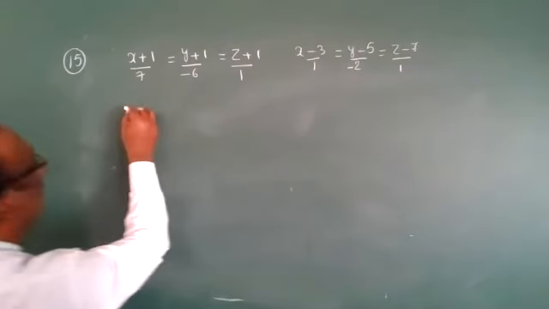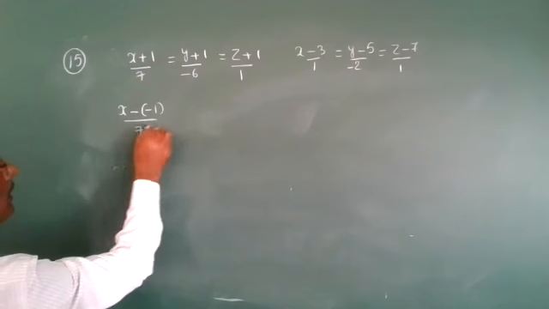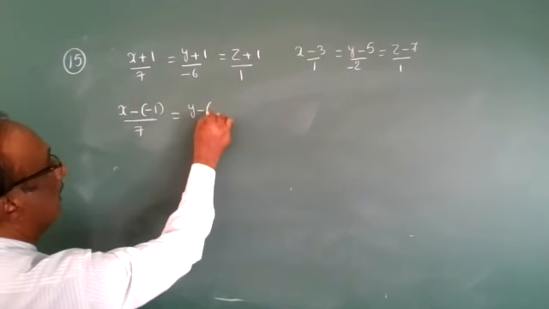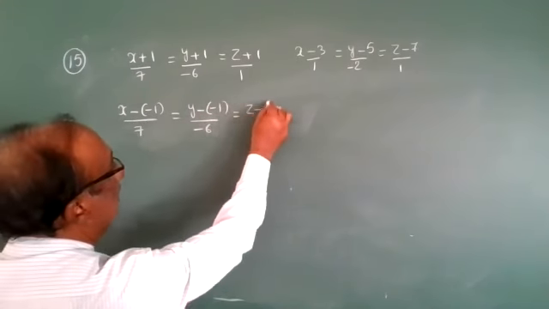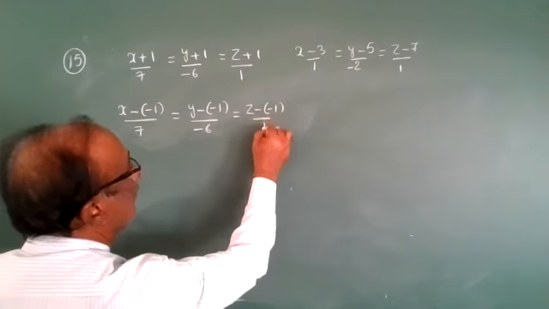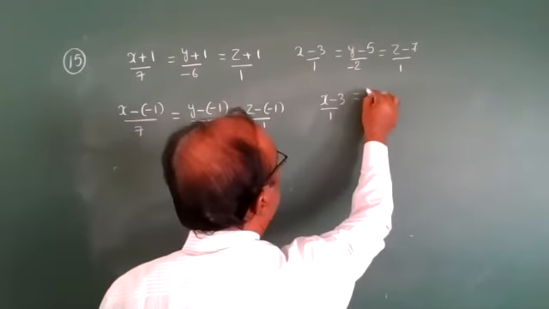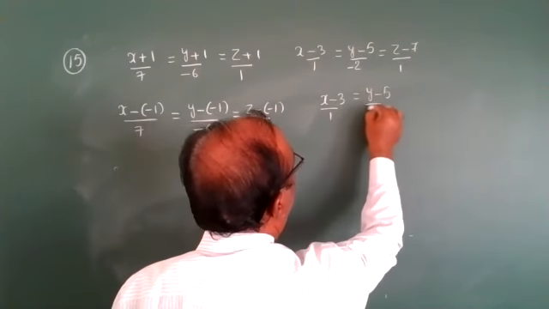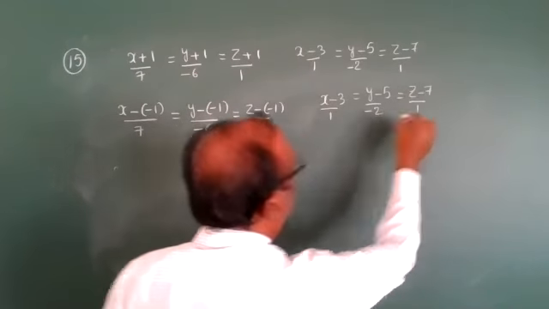First write down the correct form: x minus of -1 by 7, y minus of -1 by -6, z minus of -1 by 1, and x minus 3, y minus 5, z minus 7 are the correct form.